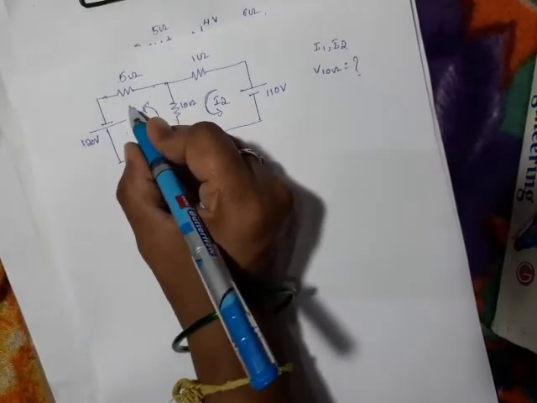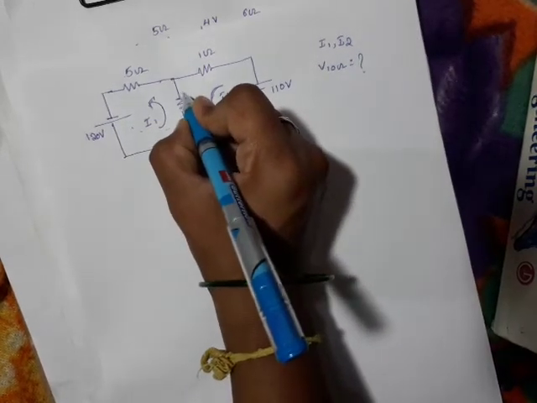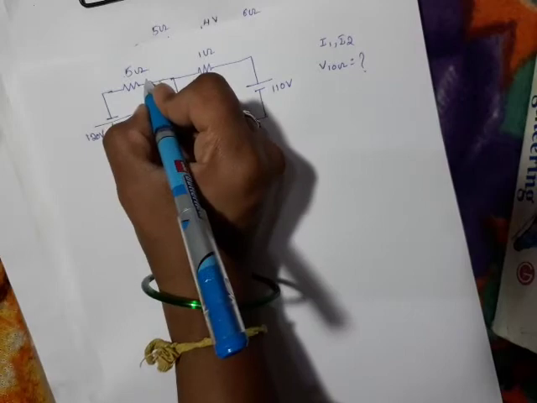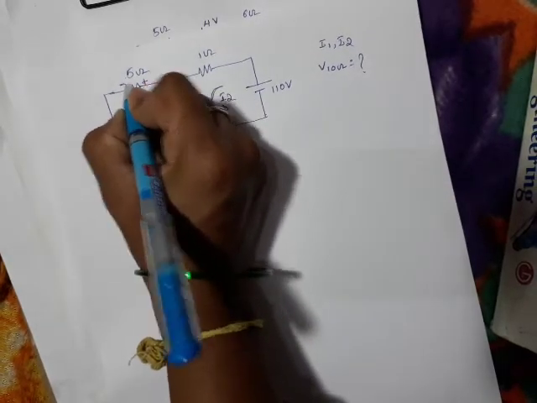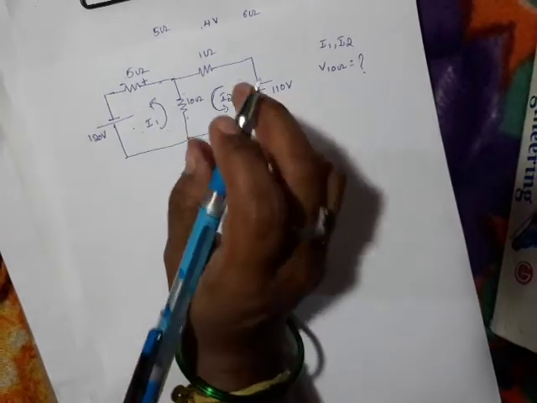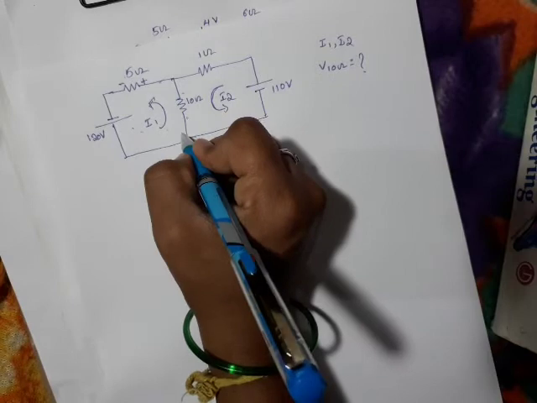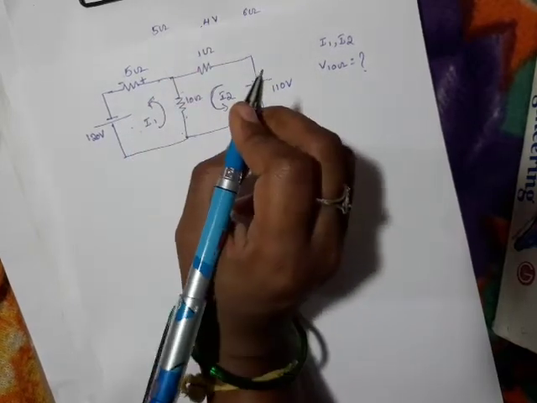Since the current is flowing in this anti-clockwise direction, this is plus, this is minus, and here it is plus, minus. The current flowing here is I1. Now I1 is flowing in this direction from this point to this point.